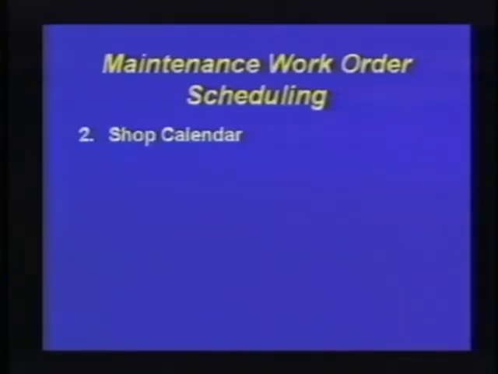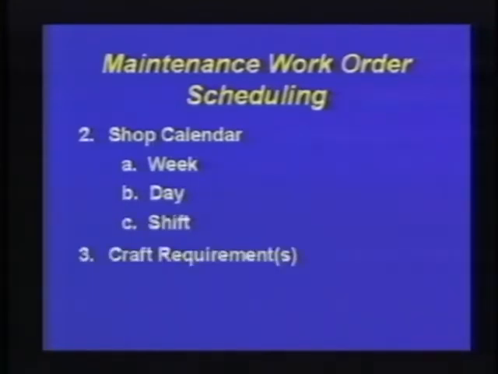Item 2 pertains to the shop calendar. Now, this shop calendar that we're identifying here is the identical shop calendar that we addressed in section number 7, capacity planning. So again, the shop calendar can be summarized by week and then broken down into individual days within the week and then shifts within the day if required. 3 pertains to the craft requirements.